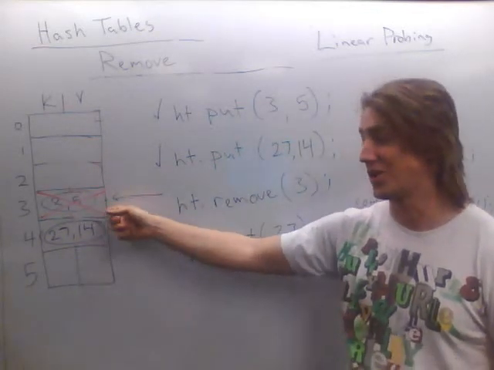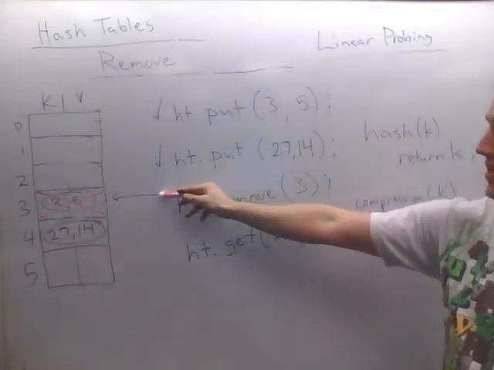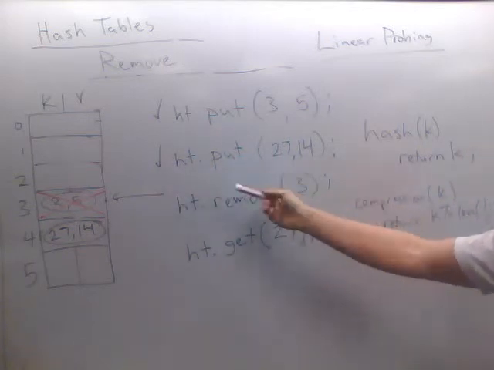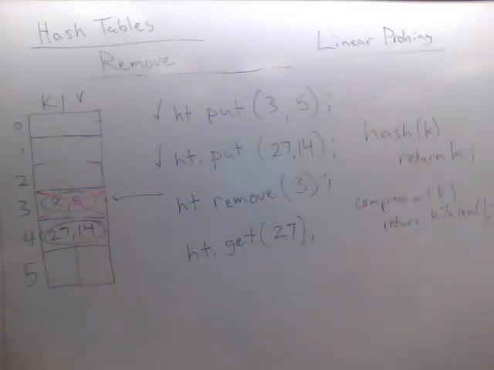So there could be data after it that got pushed down by linear probing or whatever collision technique we use. So I look in index 3, it's not there, but this is invalid, there's actually data there, so it could be later on. Linear probing says take one step and see if it's there.